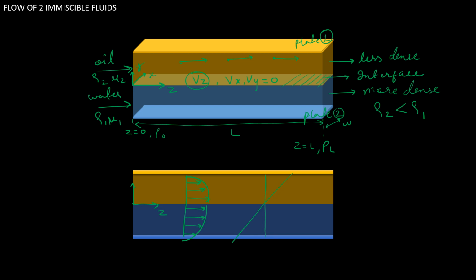So on the wall, shear stress is maximum, velocity is minimum, and this is tau xz. It's actually on x plane and in z direction.